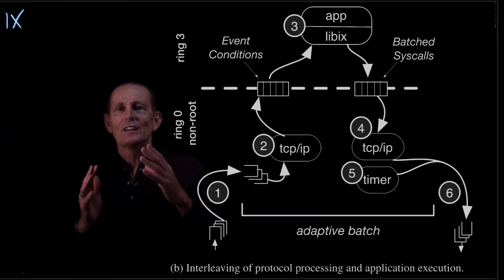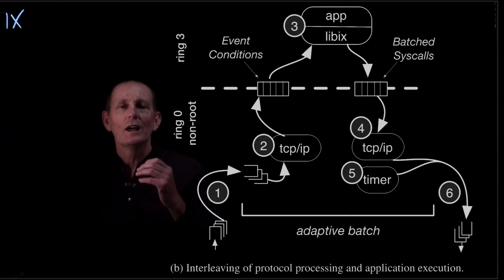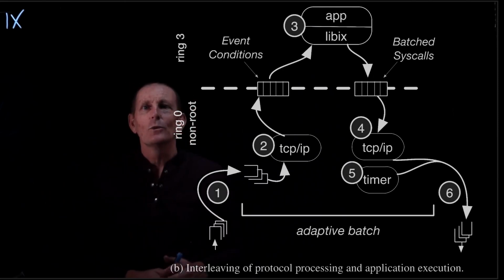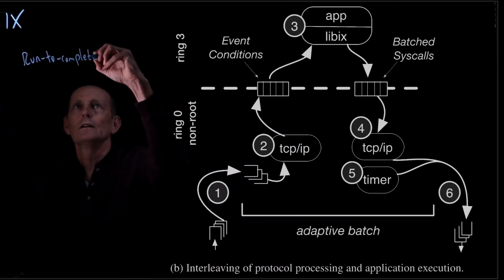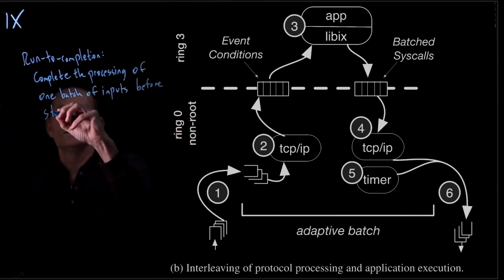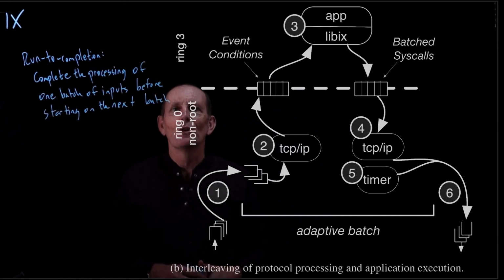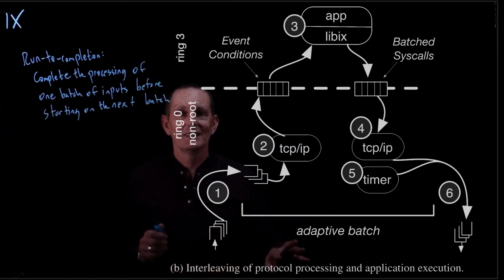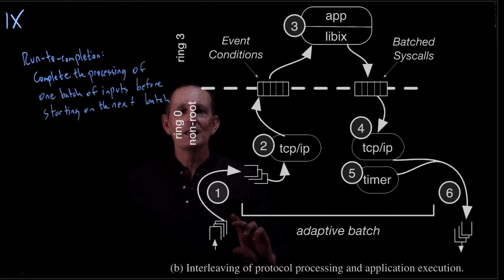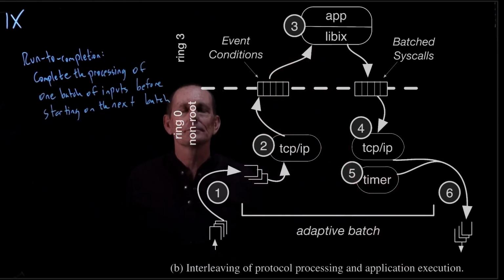There are locks, there's cache coherence and cache eviction, there's moving stuff from core to core. Run to completion just says we complete the processing of one batch of inputs before we start on the next batch, and entirely complete: the NIC driver, the TCP, the application, all the way to getting the reply back out.